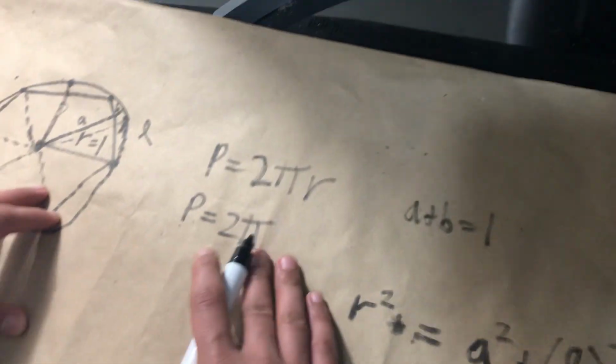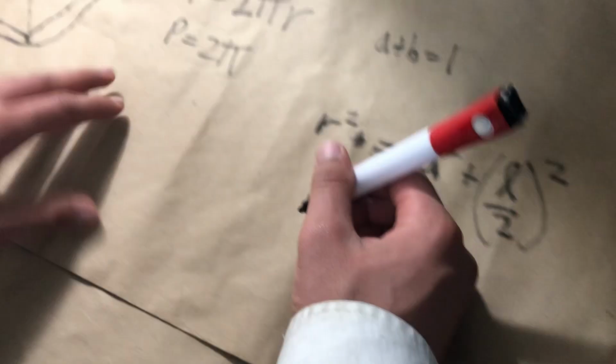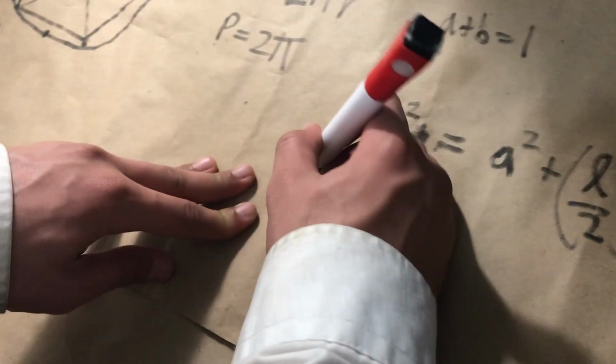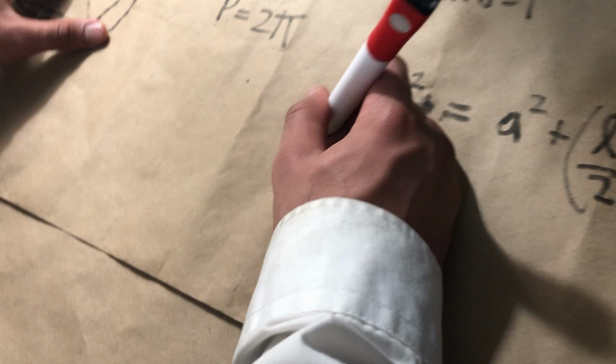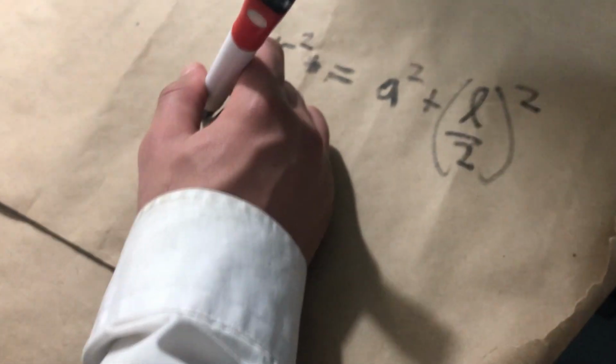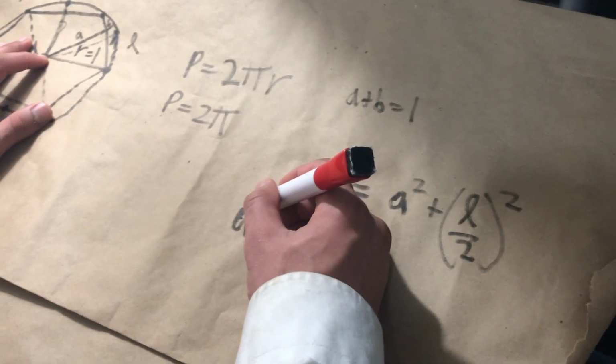Okay, sorry about that. Here's something that looks like this, but instead of using R, we're just going to use A. Yeah, that's good. A squared.